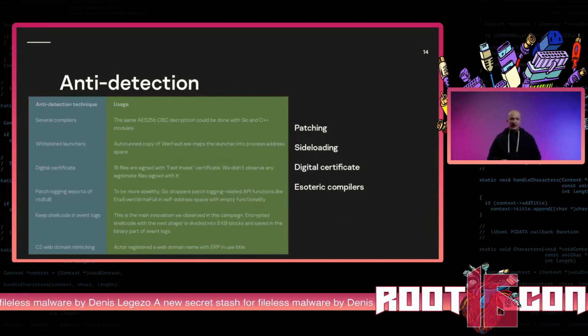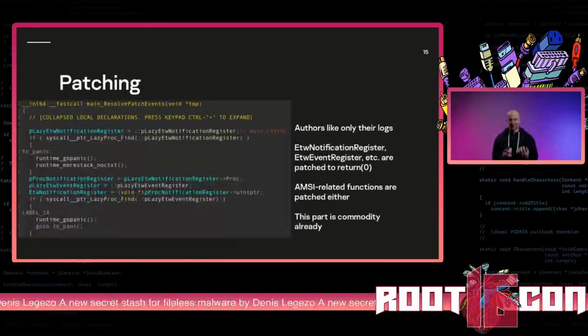I promised you details about the patching. Let's start with the normal event logs. As you could see, the authors adore event logs, even put shellcodes over there, but they adore only their own shellcode, only their own event logs, and do not let Windows itself put any messages regarding the infection process.